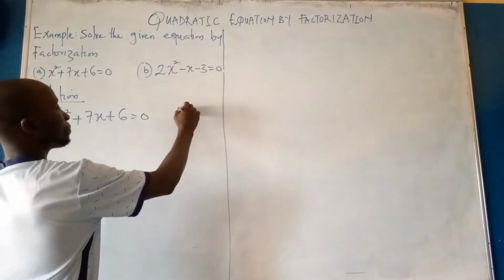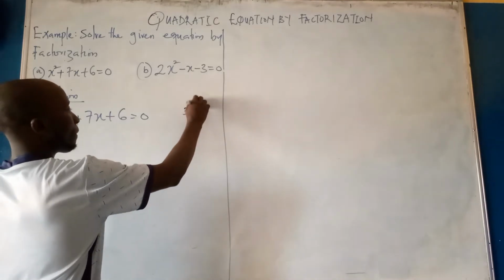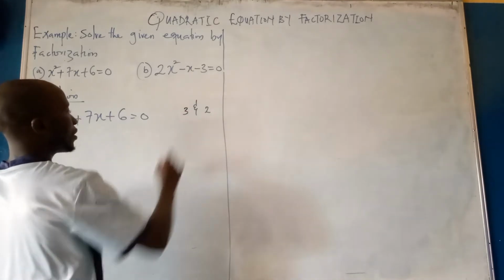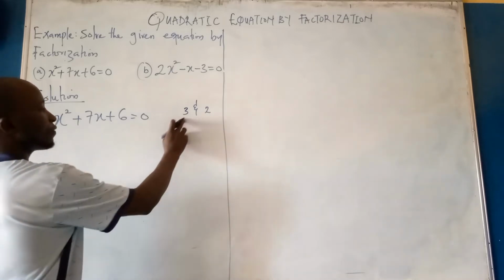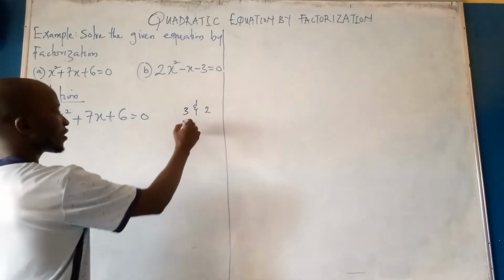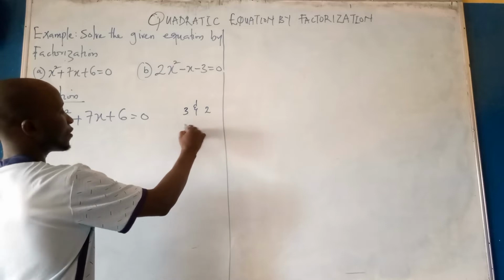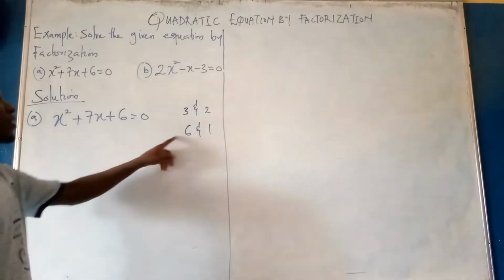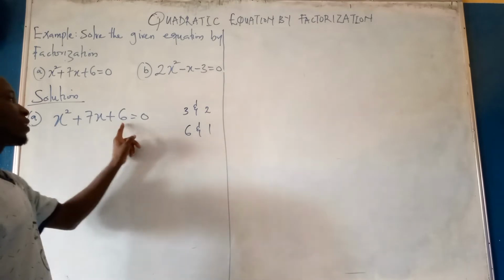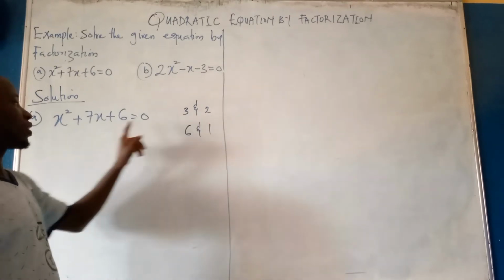We have 3 and 2, and this is called the trial and error method. We have 6 and 1. 6 multiplied by 1 gives 6, and 3 multiplied by 2 gives 6.